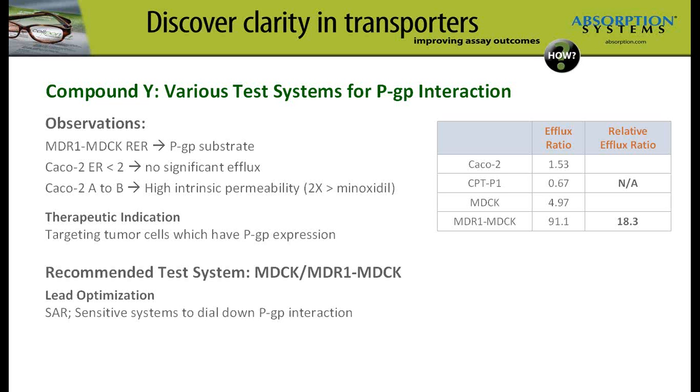So with the information of the compound in MDR1-MDCK systems, the sponsor may be able to use structure-activity relation software or different models to further optimize the structure of the compound, trying to reduce or eliminate the PGP properties of the compound, with a high availability to the tumor cells.